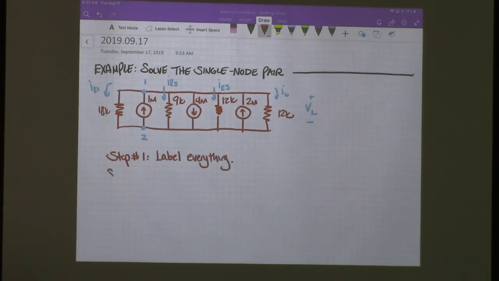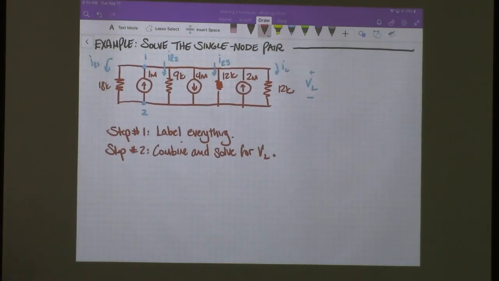For step 2, I'm simply going to write simplify and solve, or combine and solve. The value we're first going to solve for, because this is a single node pair, is the voltage across the terminals.